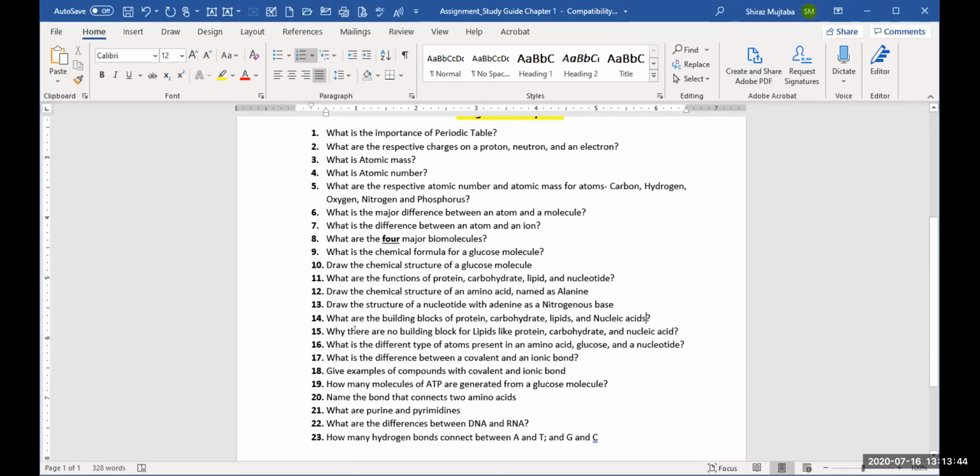The 15th question is, why are there no building blocks for lipids like for protein? Yes, there is a building block for lipid, but lipids are very diverse molecules. A common backbone is shared in proteins, in carbohydrate, glucose, and in nucleotides.